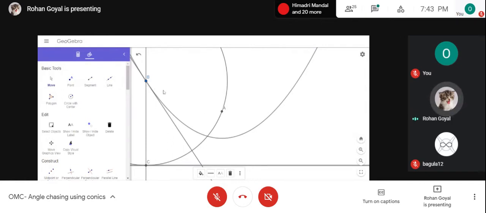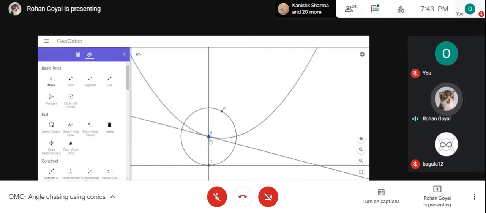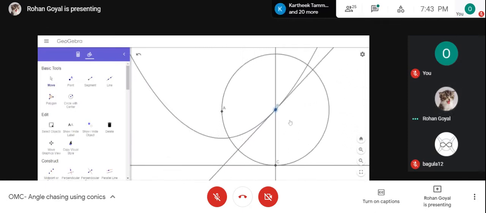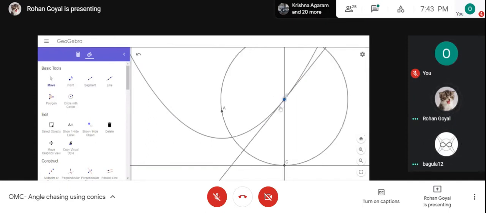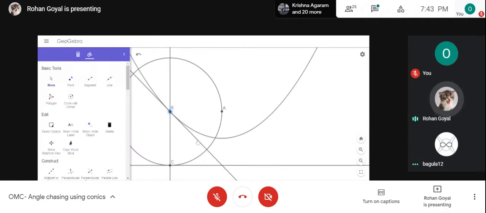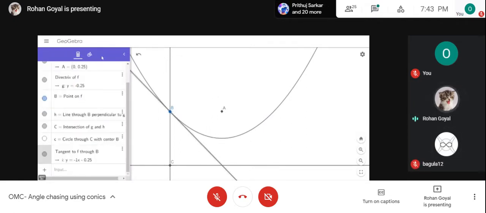You're taking this set of points which satisfies this property. That's called the parabola. The perpendicular must be equal to BA, not AC. Yeah, BA, BA. BA equals BC. Okay. Now let's again take a tangent because why not?